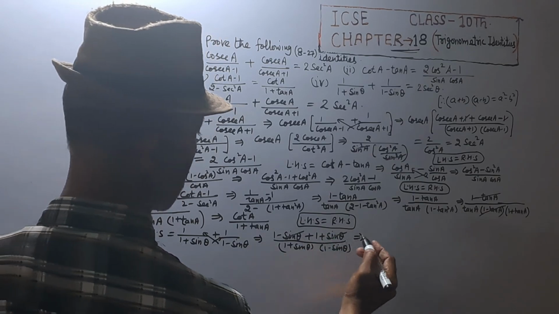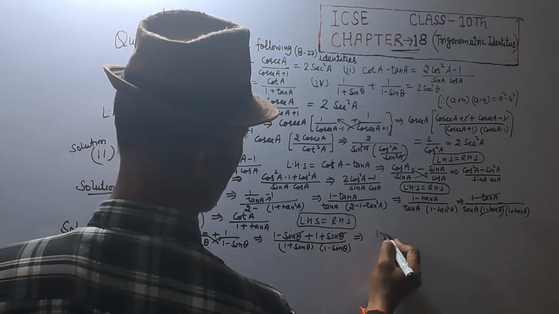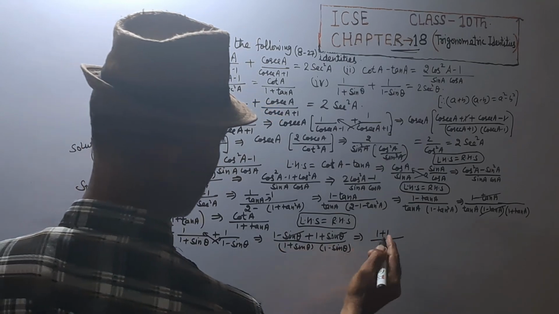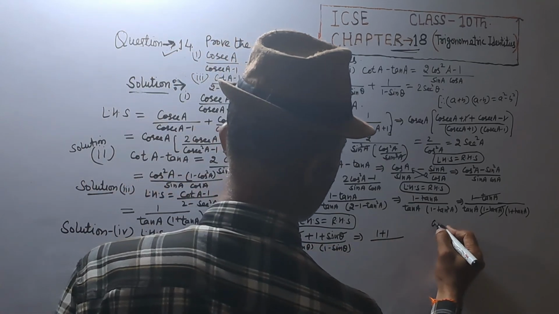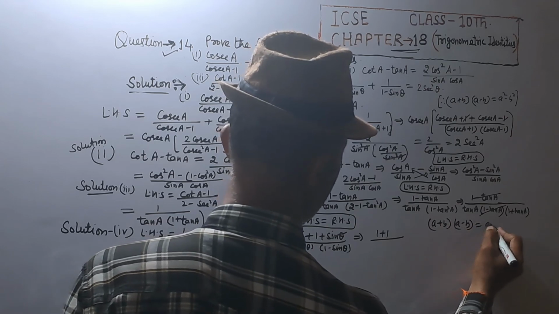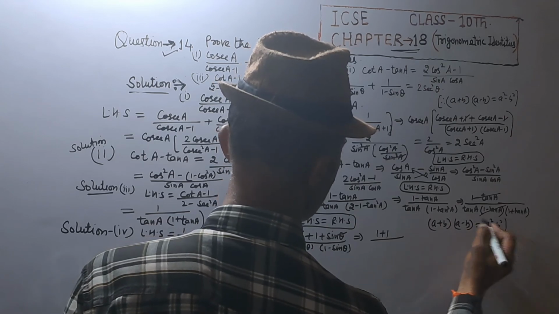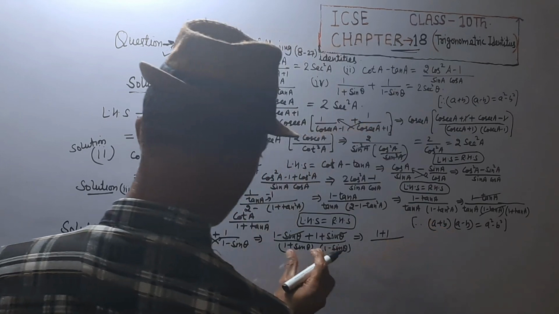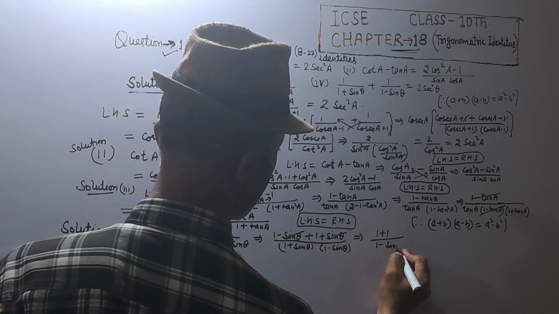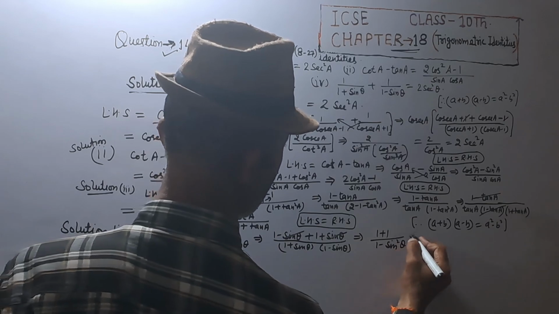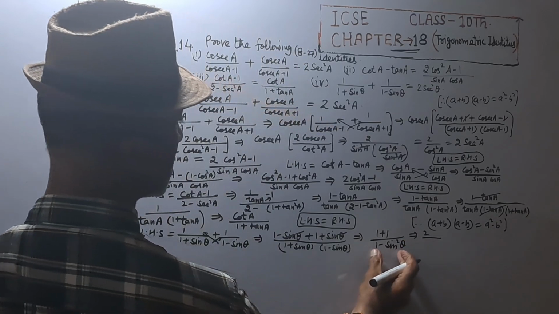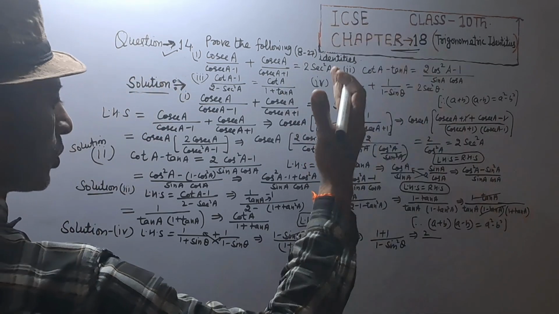Minus sin theta plus sin theta is cancelled. 1 plus 1 is equal to 2, and A plus B into A minus B is equal to A square minus B square. A square minus B square, that is 1 minus sin square theta, which implies 2 divided by 1 minus sin square theta, equal to cos square theta.